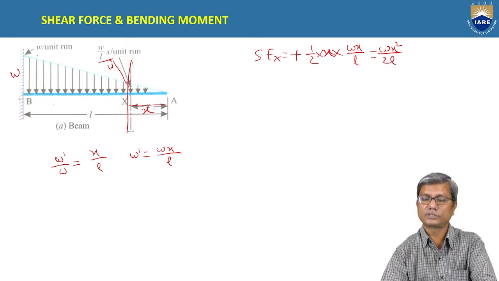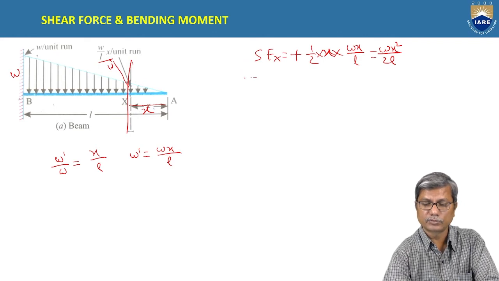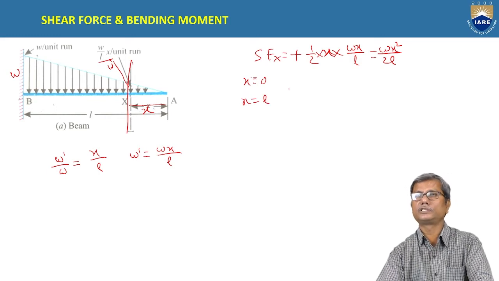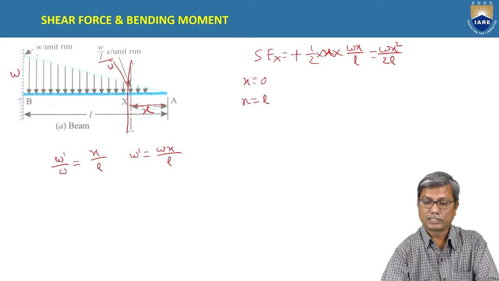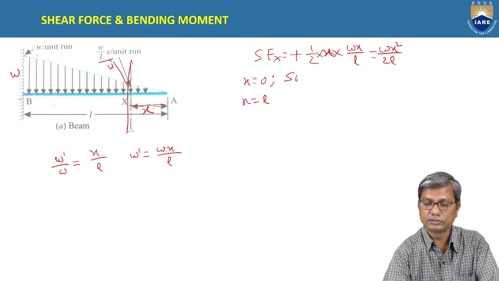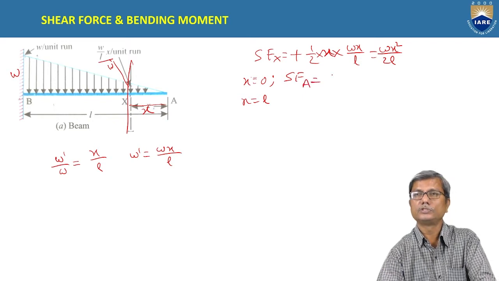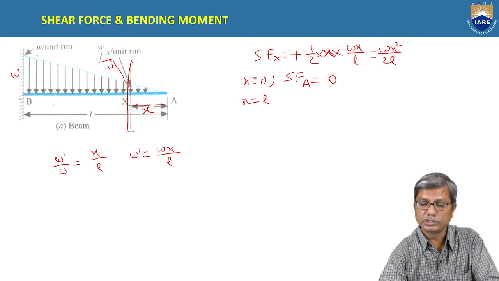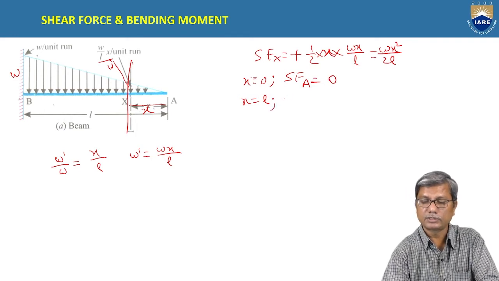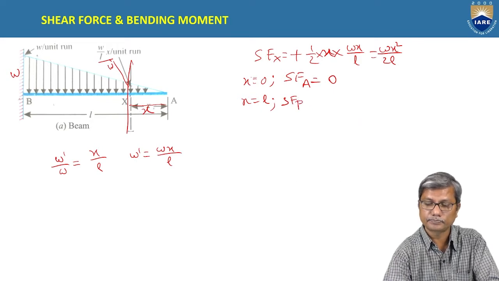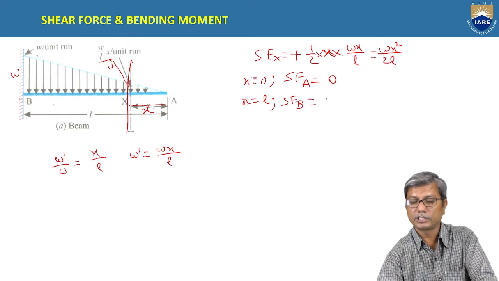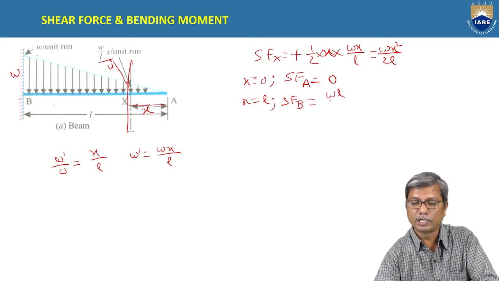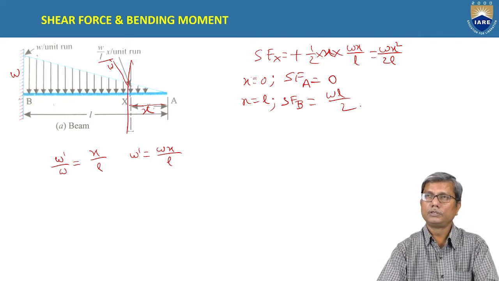It is positive shear force, and x varies from 0 to L because only one section is sufficient. At x equal to 0, we get the shear force at A, which is 0. At x equal to L, we find the shear force at B, and that is equal to WL by 2.